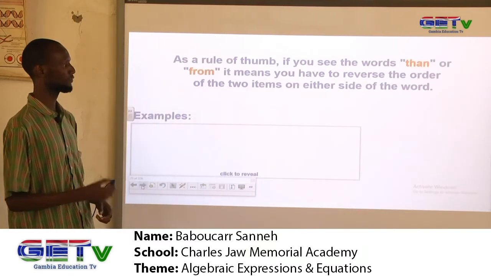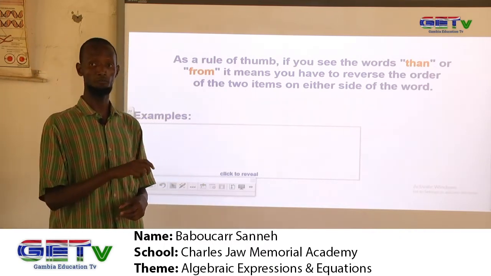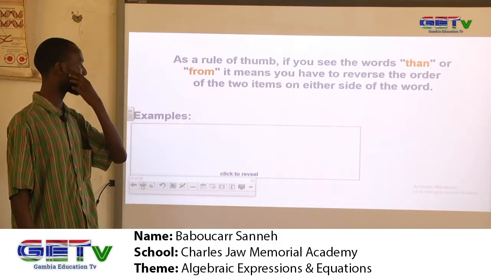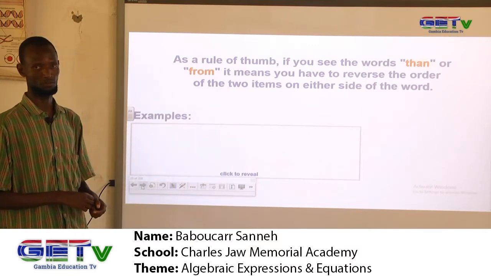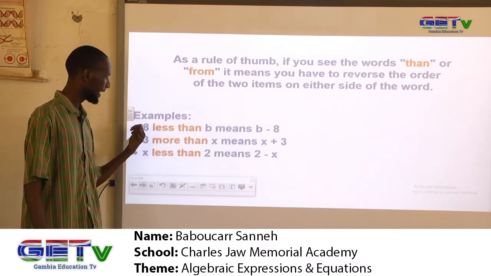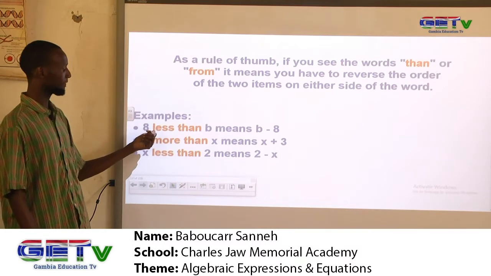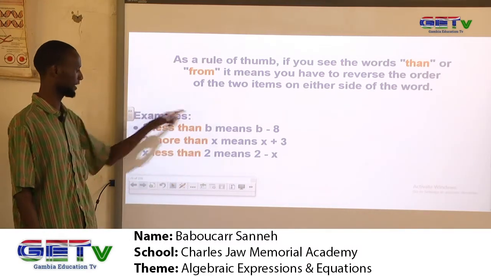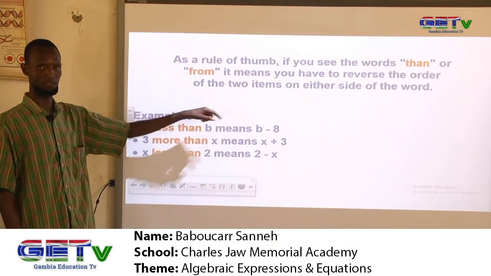So we say, as a rule of thumb, if you see the words than or from, they do the same thing. It means you have to reverse the order of the 2 items on either side of the word. So if I have, for example here, 8 less than B, because I have less than there, I know I have to switch the order of the items. The second becomes the first, and the first becomes the second.